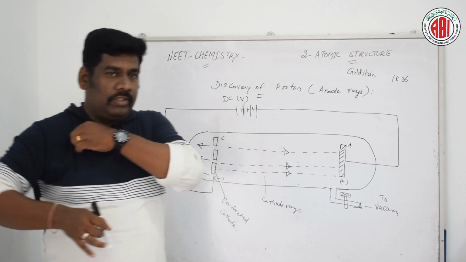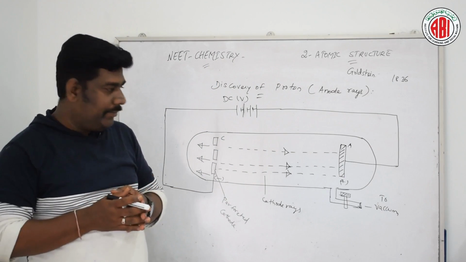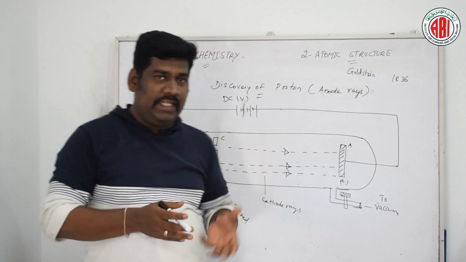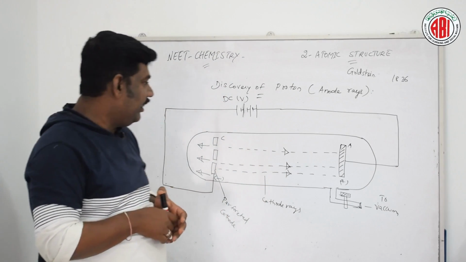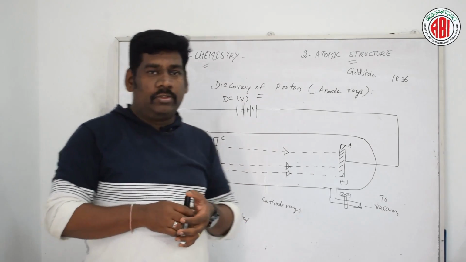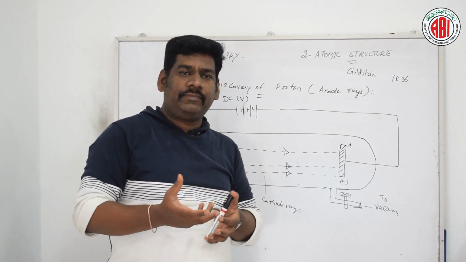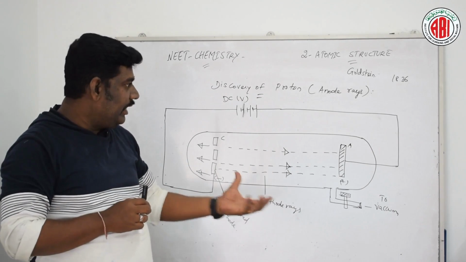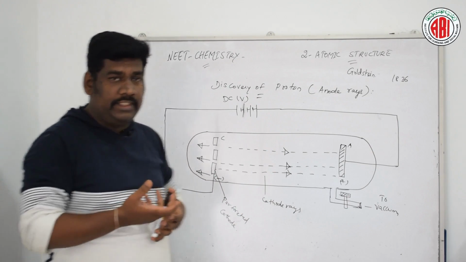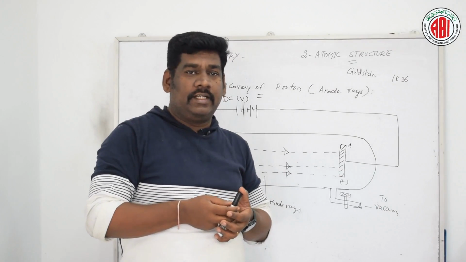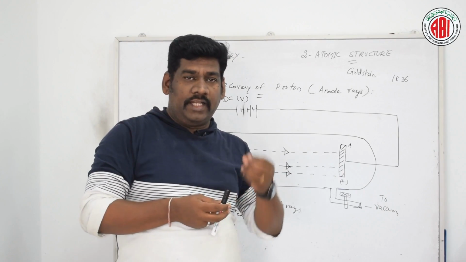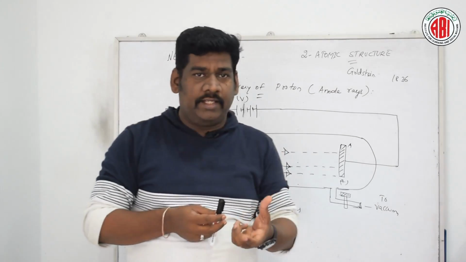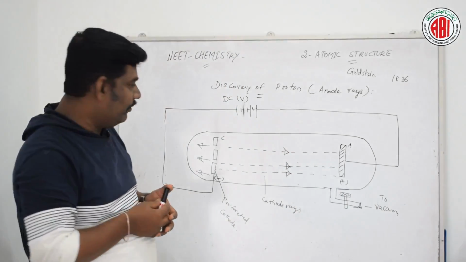He conducted this experiment with the same experimental setup as the cathode ray experiment we discussed earlier. In addition to the cathode rays, he could find a few rays behind the cathode in the discharge tube.